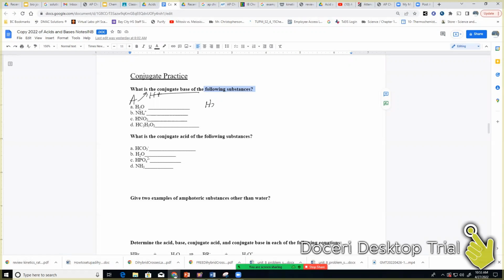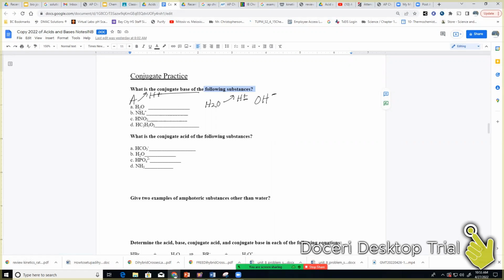So if we just start with water, if it's an acid, it's going to get rid of an H plus. So it's going to go down to OH. That's one less hydrogen, but it was neutral and now it's lost something positive. So that means it has to have a negative charge now. And that's sometimes the part that's a little bit harder for some people.